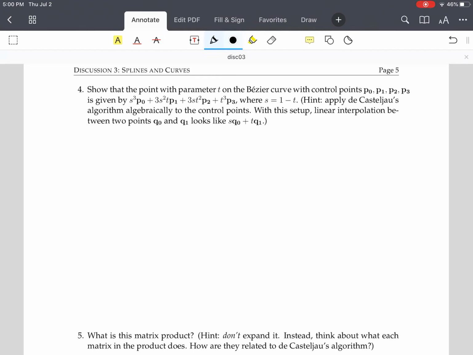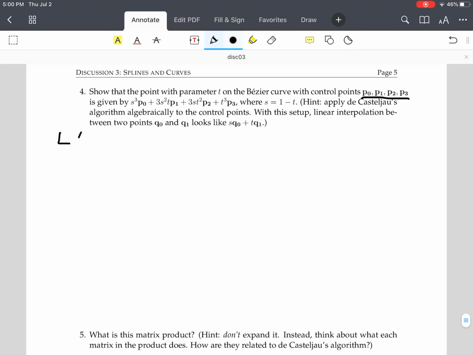So let's go ahead and start. So we have control points p0 through p3, right? That's our level 1. Now we apply the first level of linear interpolation. It's the first round. And so what we're going to get is L1. So here s is equal to 1 minus t, and then t is equal to, well, t.